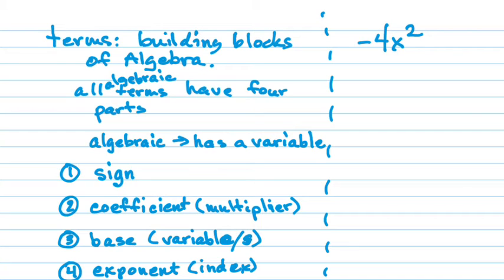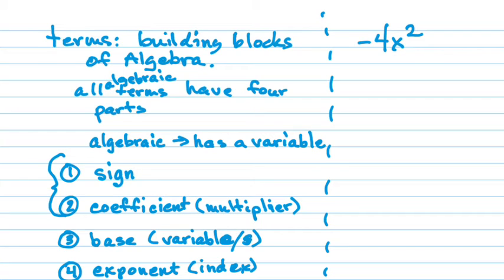The 4. Okay? Now, when we're using a term, we usually use those pieces and take them together. So we wouldn't usually say the sign is negative and the coefficient is 4. I'm just asking you for each of those pieces separated. You would normally just say that the coefficient is negative 4.